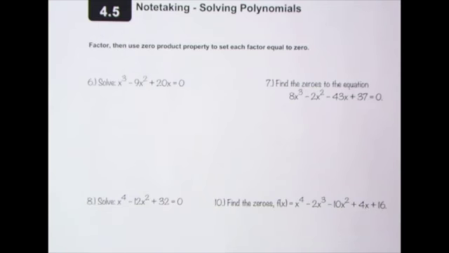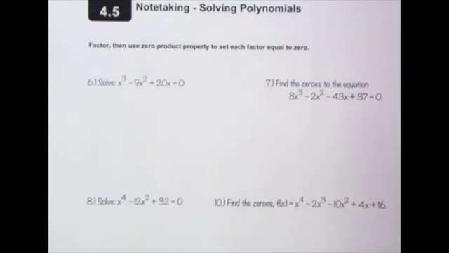Step one, we need to find one of our solutions to run synthetic division. So what we need to do in the first step is plug our equation into the y equals in our graphing calculator and find one of our whole number solutions.